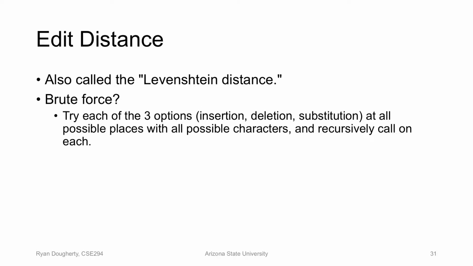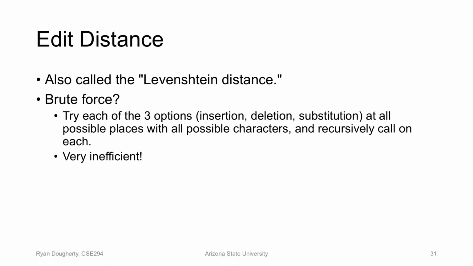But essentially what you can do is try all these possible options and then recursively call on each. I don't even want to think of the runtime here. Let's just consider 10 character strings, for example. So 3 options for 10 indices, that's 30 possible options. Actually it's a little more complicated than this, but let's say A through Z, so 26.